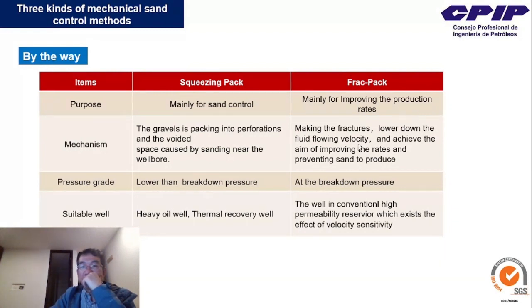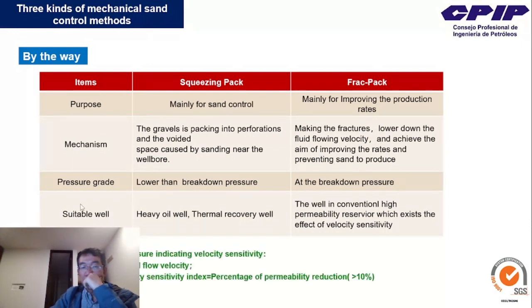And the mechanism is making fractures that lower the fluid flowing velocity and achieve the aim of improving the rate and preventing sand production. The pressure grade is at the breakdown pressure, and the suitable wells are wells in conventional high permeability reservoirs, which exhibit velocity sensitivity.